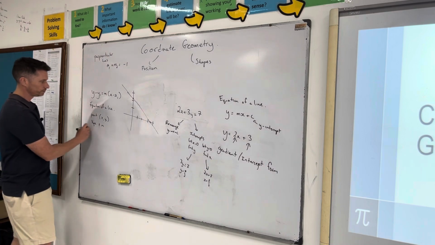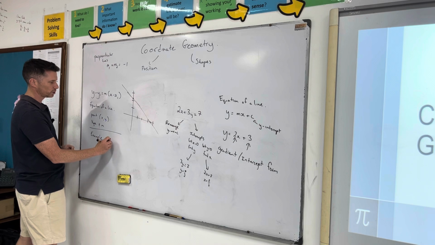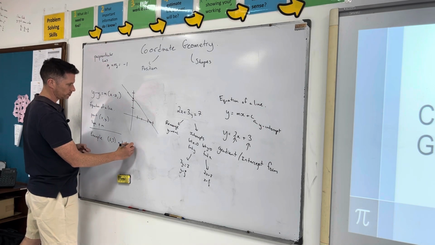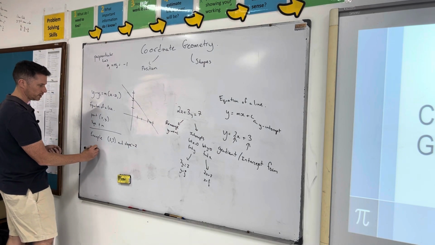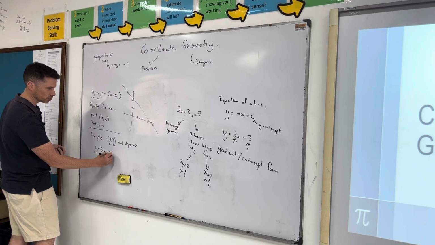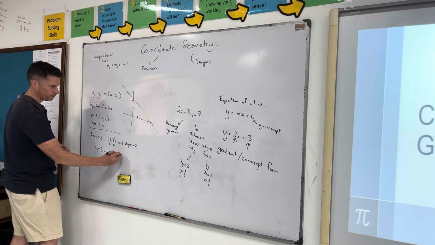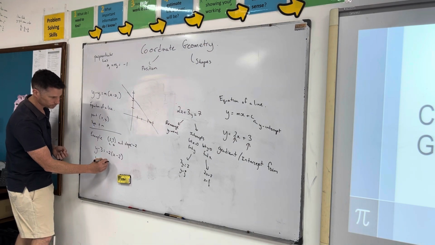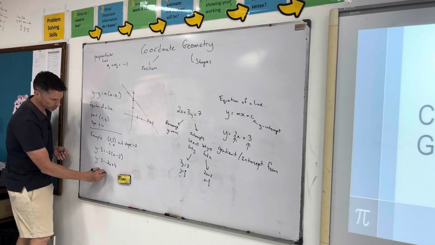So for example, if I have the point 2, 3 and slope minus 2, the equation of that line would be y minus 3, since this is x1, y1, is minus 2 times x minus, what was x1? 2. Then I tidied that up. I'm going to leave it in point slope form.